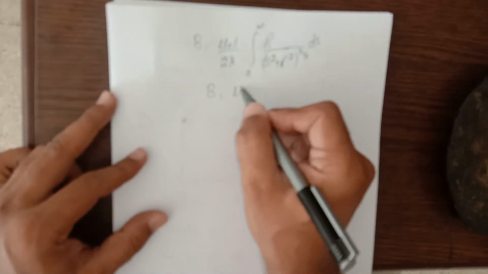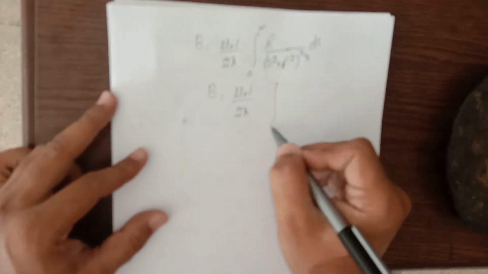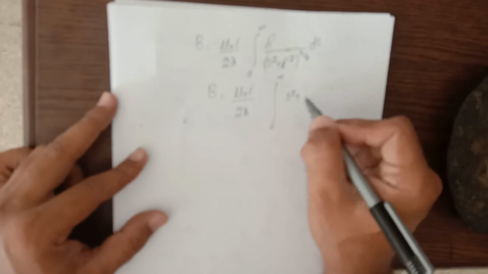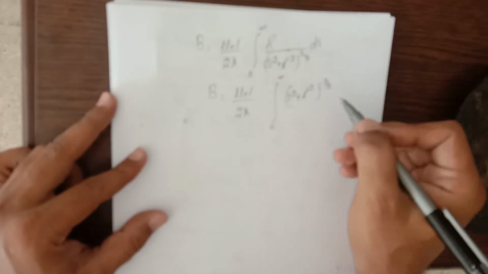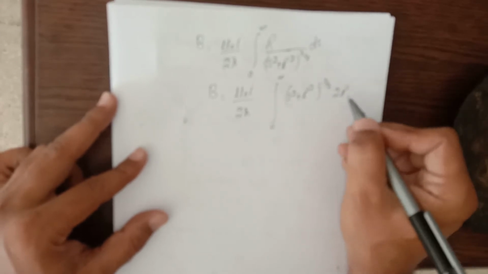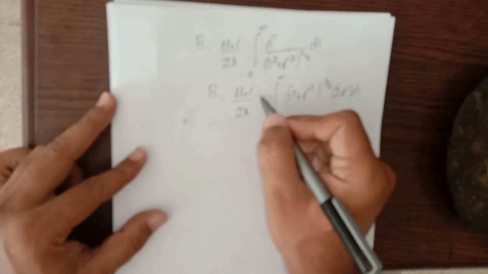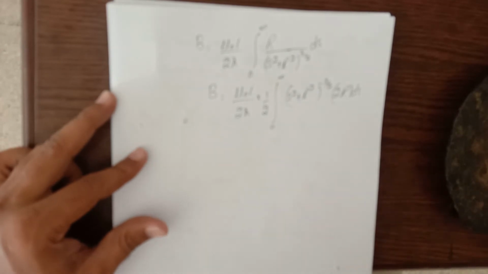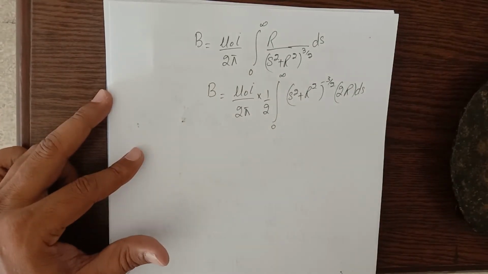B would be mu naught I over 2 pi, integral from 0 to infinity of s square plus r square raised to power minus 3 by 2, into r square would be 2r, so I have to multiply this with 2 and divide it by 1 by 2 as well, just to complete the differentiation of r square.